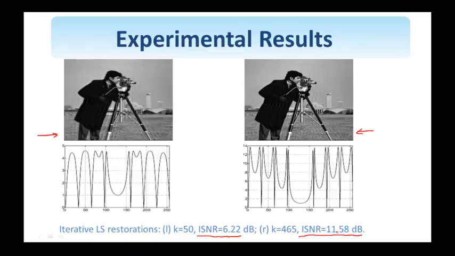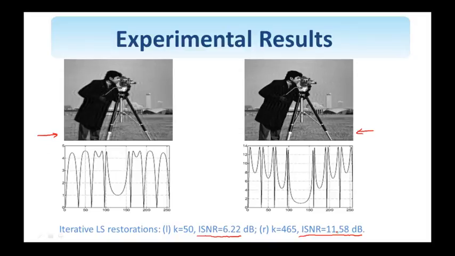So the general statement based on the ISNR values, but also on the visual quality, is that the more iterations, the sharper the restored image. And this agrees with the description we've been making that the low frequencies are restored faster than the high frequencies, the edges. So as the iteration progresses, you see sharper and sharper edges in the restored image.